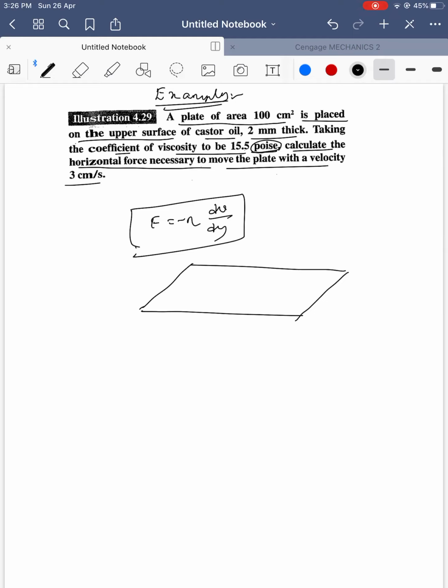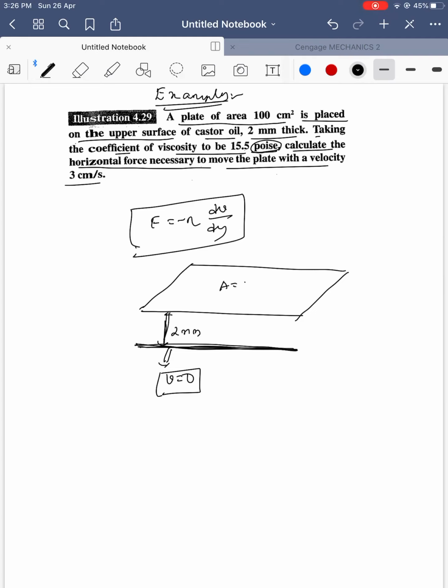And this is a plate, and below it there is 2 millimeter thickness. If they don't mention anything about the bottommost surface, assume its velocity is 0. Next, 2 millimeter thickness is given.